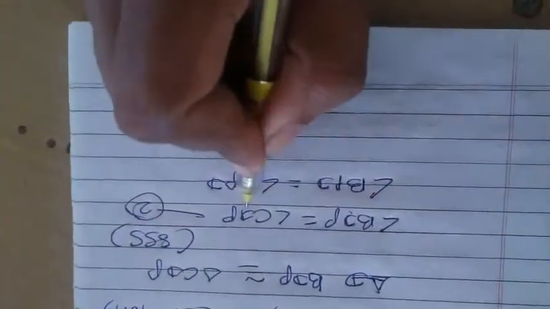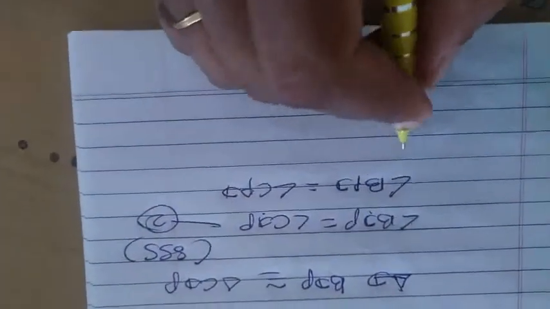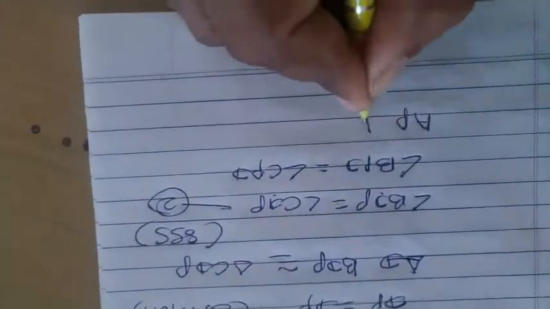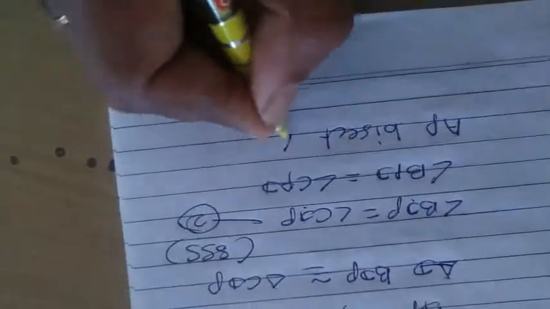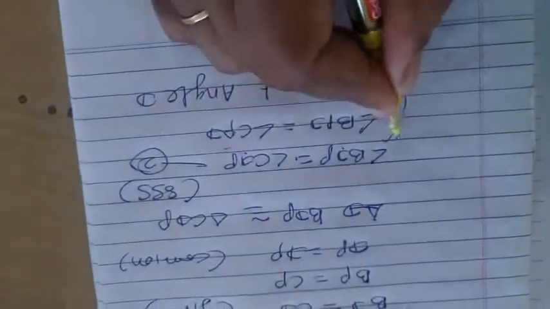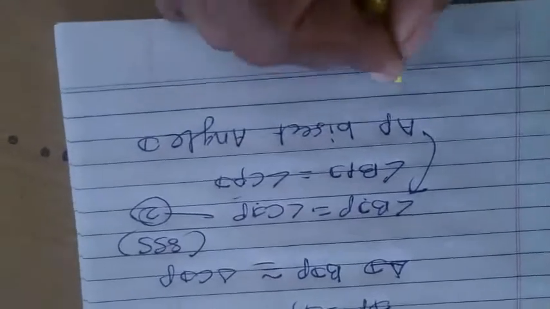BDP is equal to CDP means AP bisects angle D. Both the angles are equal, and that's why AP bisects angle D. Again BP is equal to CP means AP bisects BC.